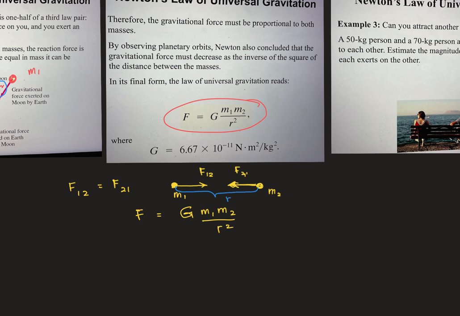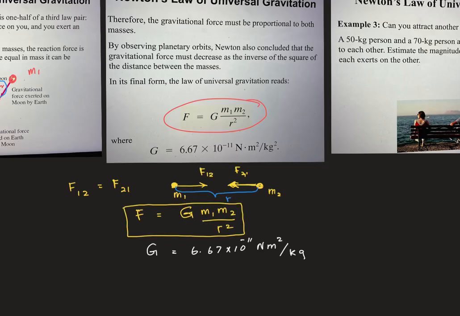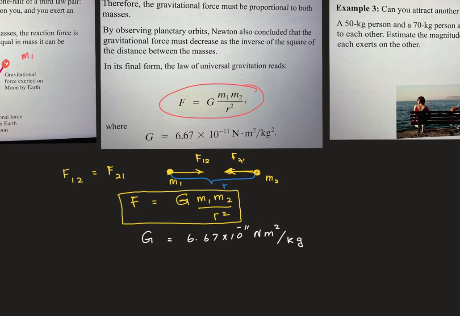This is what you call Newton's universal gravitational law. This big G is a constant, given by 6.67 times 10 to the negative 11, and the unit is a little bit complex. It's not just like meter second, meter hour type, like those we have come across before. It's Newton meter squared divided by kilogram squared.